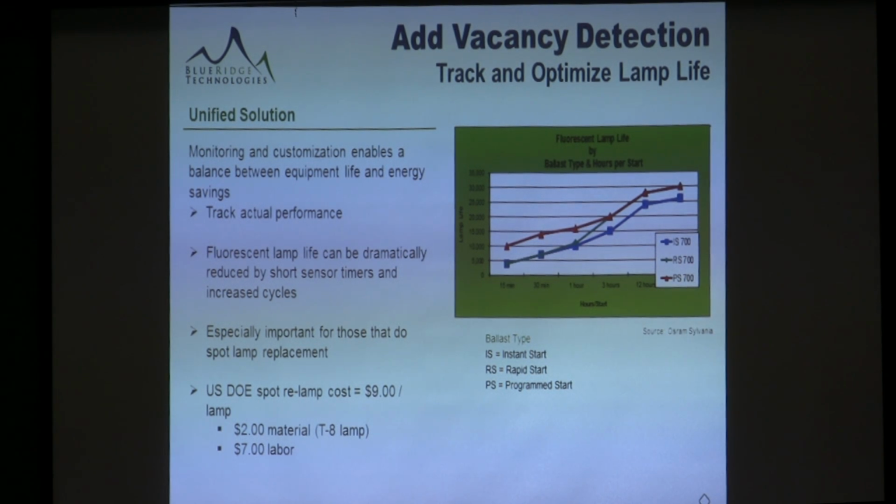So those are the kinds of scenarios that start to lead you into what we call equipment optimization with lighting controls, which really hasn't been something that's done traditionally. You guys may be used to that on the HVAC side, but it's not something that's done well or done at all really on the lighting control side.